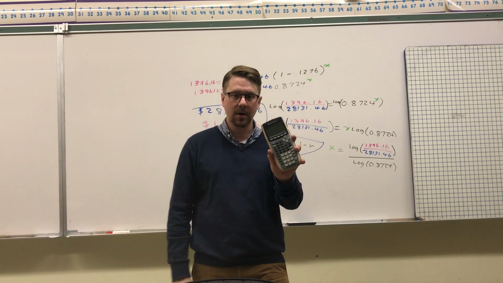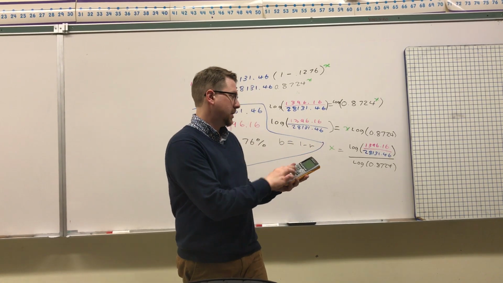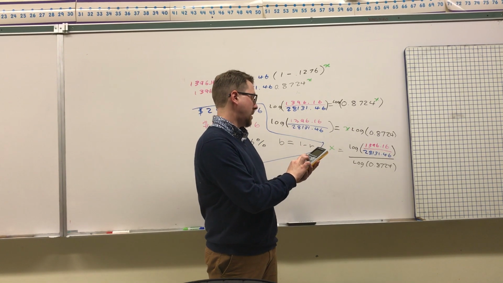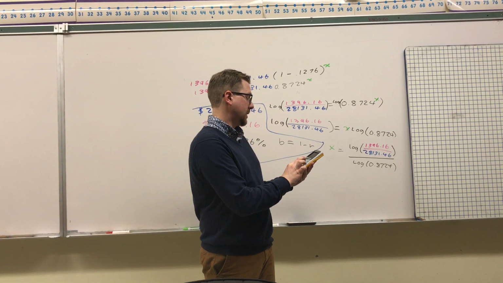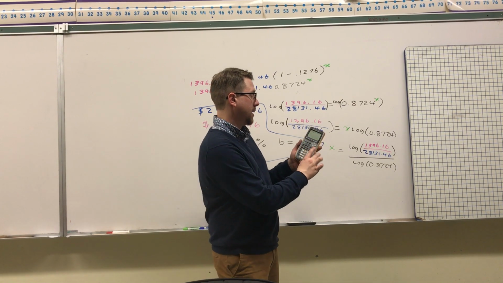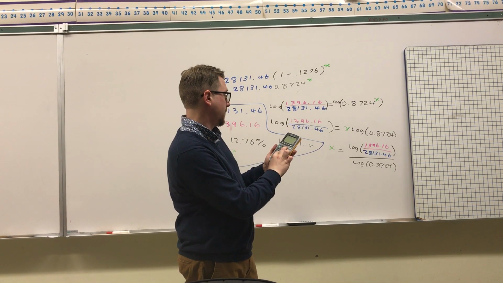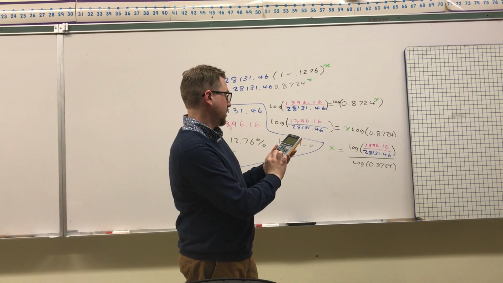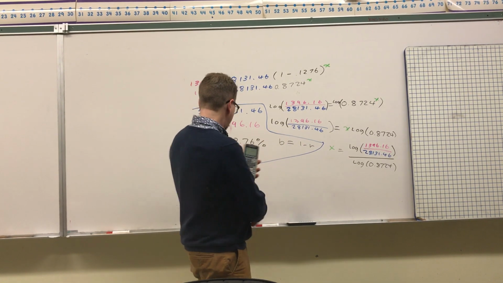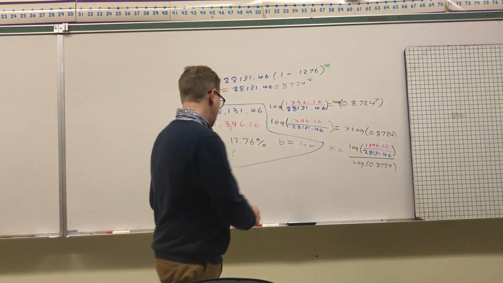So the TI-84 and other models are very handy. You just hit log, you type in 1396.16 divided by 28131.46, end bracket, divide by log of 0.8724, equals, and it tells me right away the answer, which is 22 years.